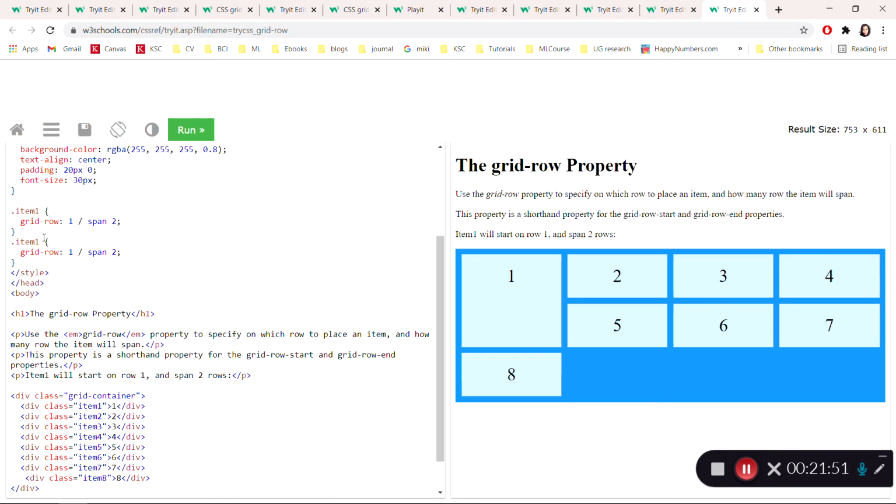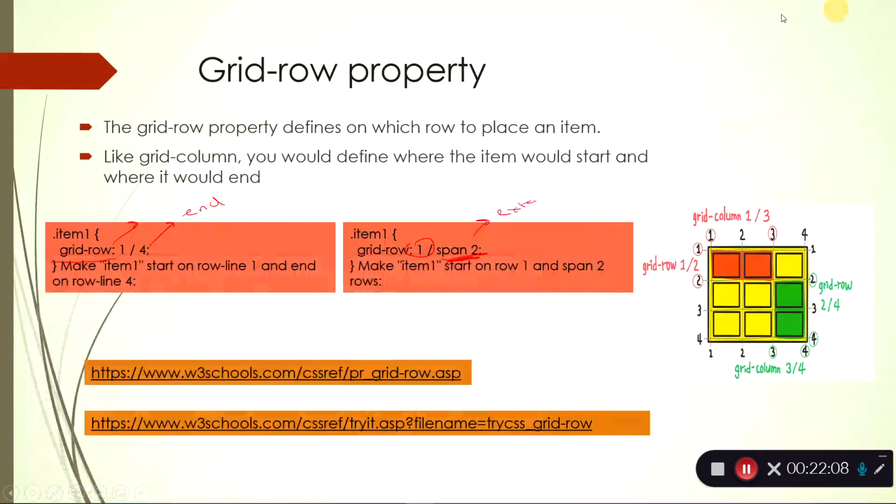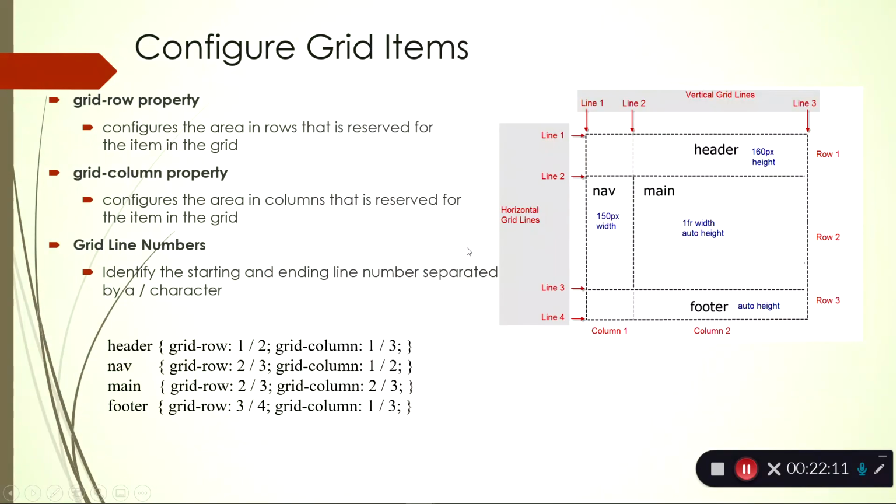Grid item 2 starts from 1 and ends in 1, 2, 3, 4. So let's say the second item should start from line 1 and end in line 4. You can see that here. So that is how the grid row property works.